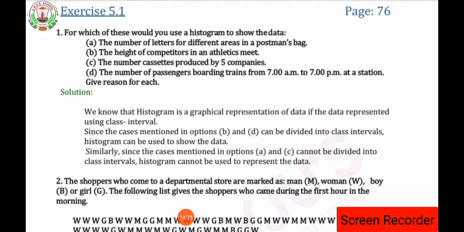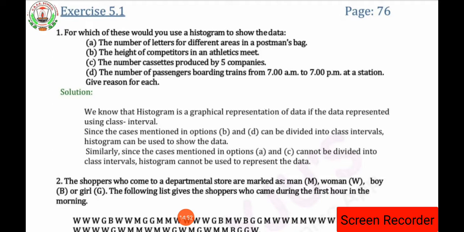For the postman, the reason is that a postman distributes letters in different areas, and in a particular area 5-6 houses might be near to each other, while 7-8 houses are farther from each other. So we are not getting a unique class interval in this, isn't it? That's why we cannot draw the histogram for A and C.